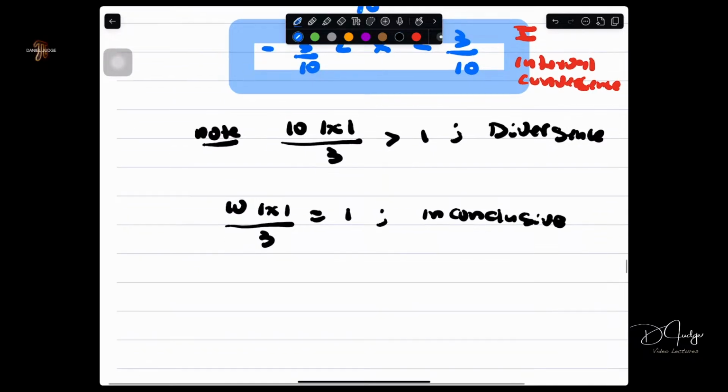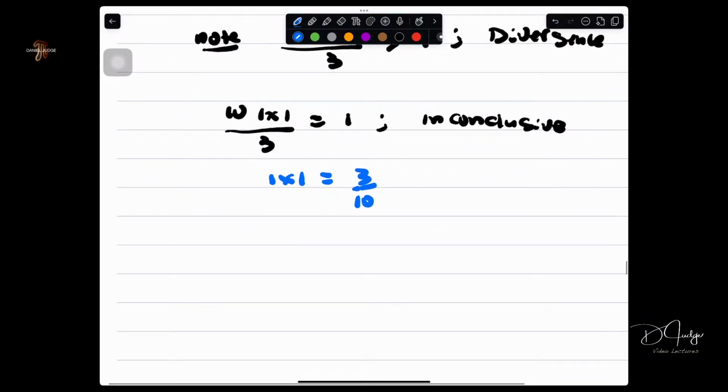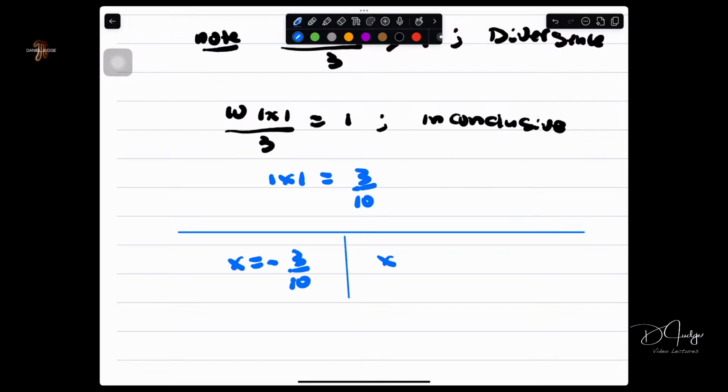So doing some algebra, the absolute value of x is 3/10. This is an absolute value equation, and solving it means x is -3/10 and x is +3/10.